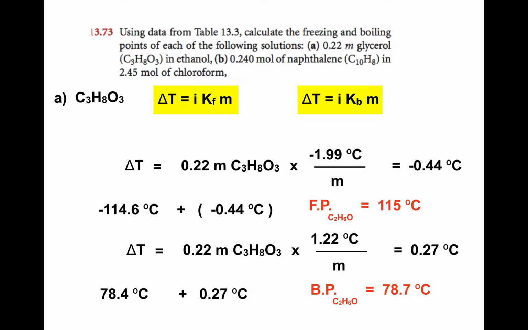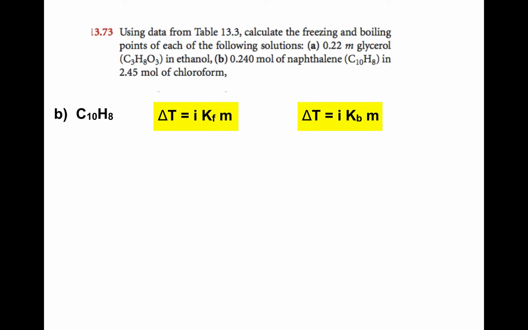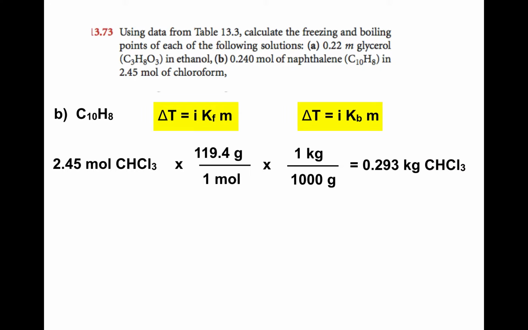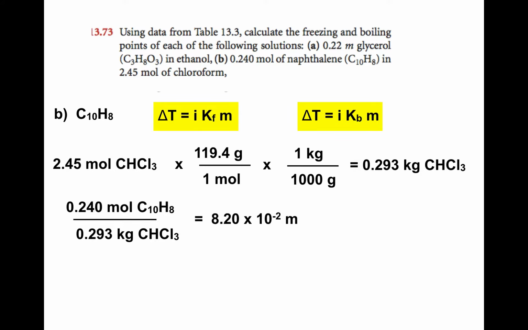All right, B, they didn't give us the molality of the solution, but they gave us moles of naphthalene and moles of chloroform. So I use moles of chloroform, use the molar mass to get to grams, and use the definition of kilogram to get to kilograms of chloroform. I can divide into moles of naphthalene and get the molality of the solution.